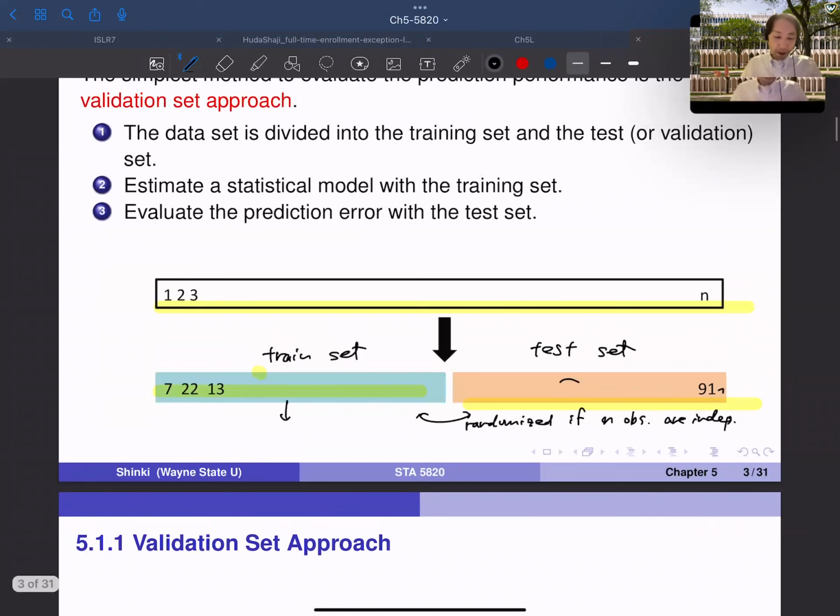And also, if observations are not independent, for example, we have 100 observations, but actually 5 observations are from the same individual. For example, we have 5 blood pressure measurements from one patient, and data from 20 patients. Then usually we split 10 patients for the training set and 10 patients for the test set.